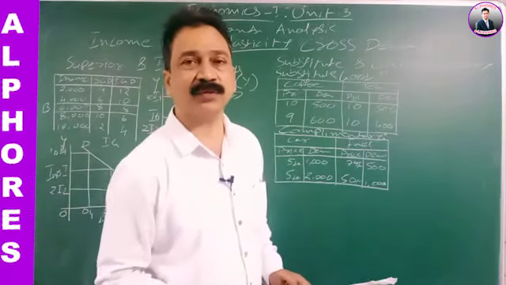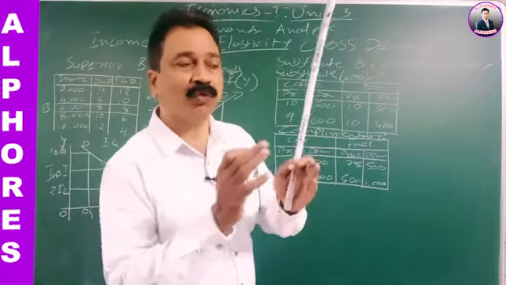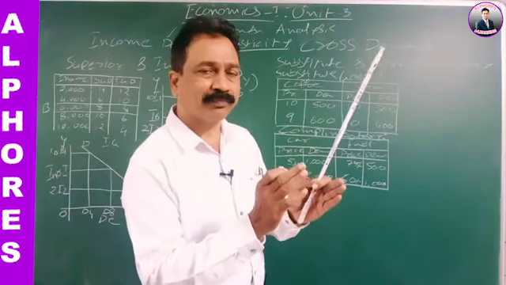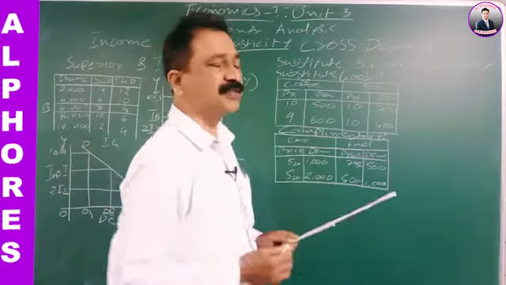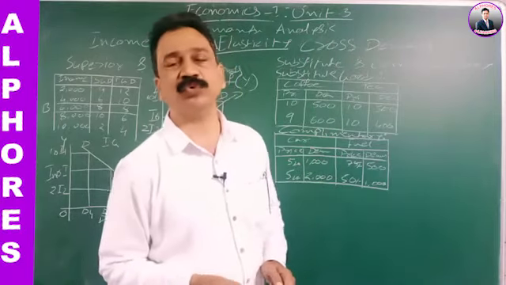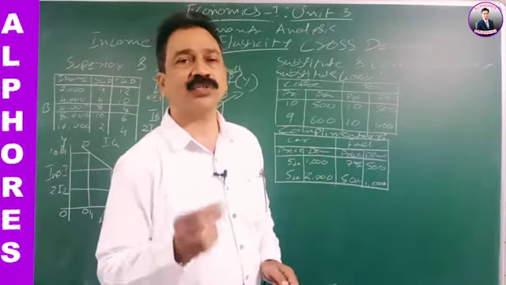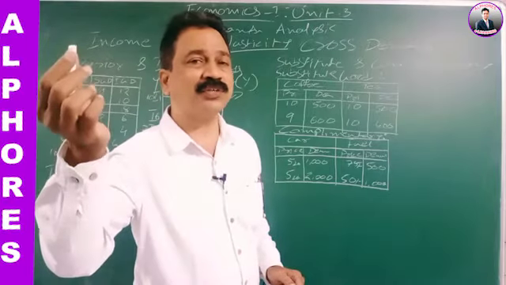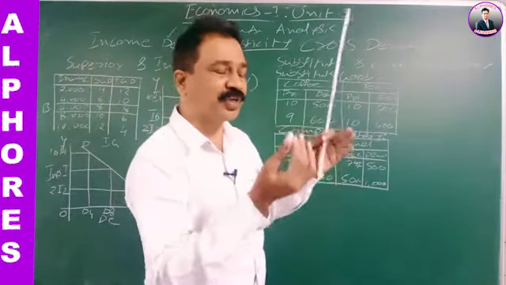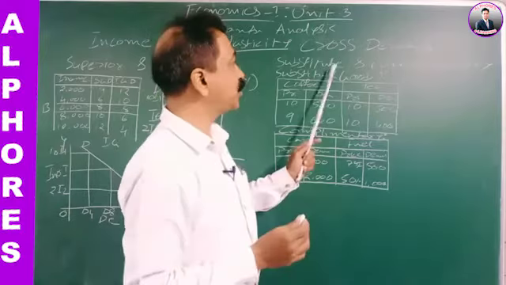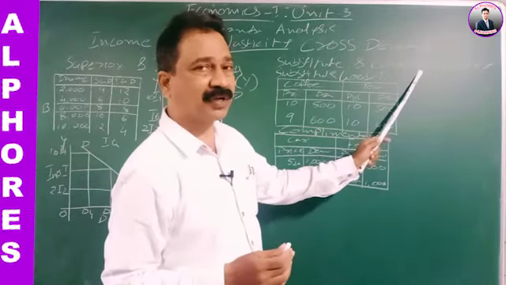Here it is actually about relative goods. You are using something, but it is related with something else. Those are called relative goods. Sometimes when the price of a related good changes, demand for another good changes. Substitutes are relative goods, complementaries are relative goods.